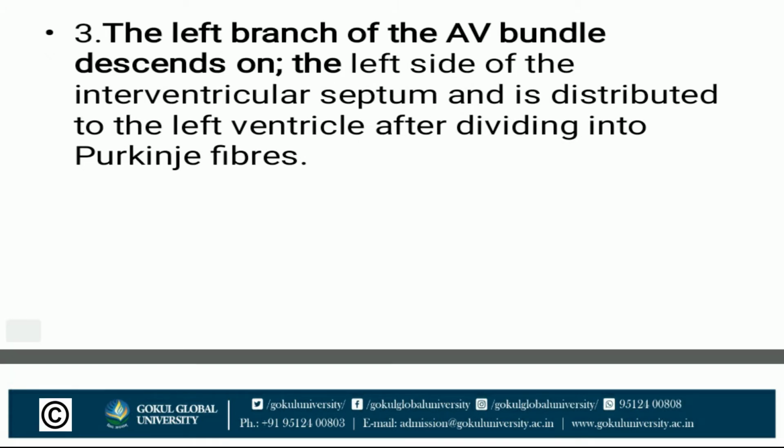The left branch of the AV bundle descends on the left side of the interventricular septum and is distributed to the left ventricle after dividing into Purkinje fibers.